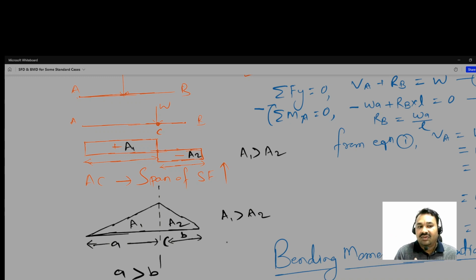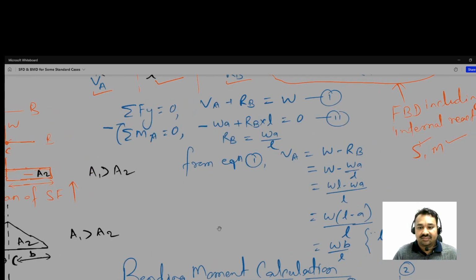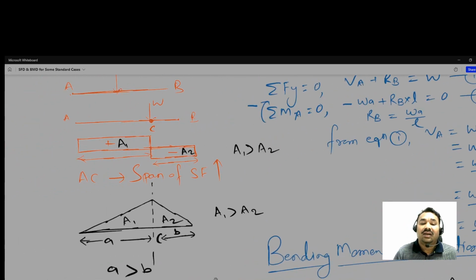The main thing now is the magnitude, definitely the magnitude varies.